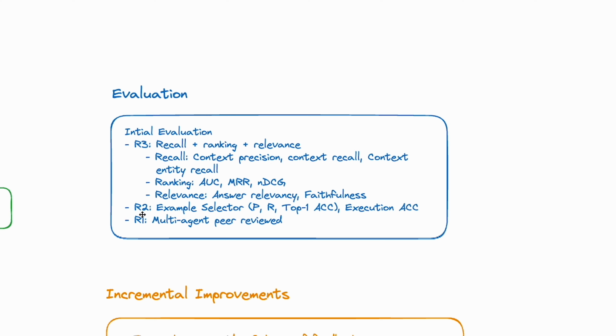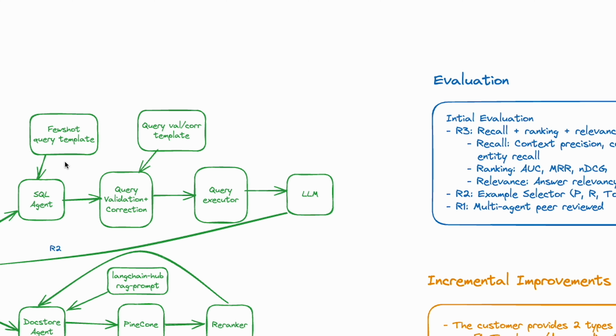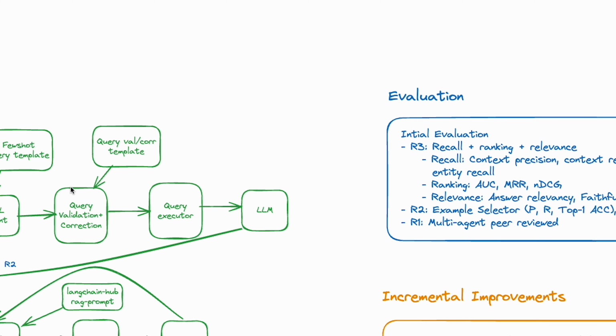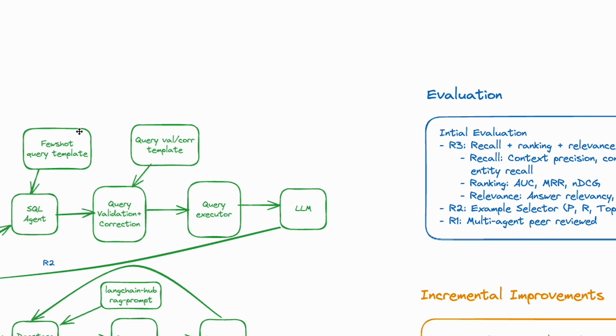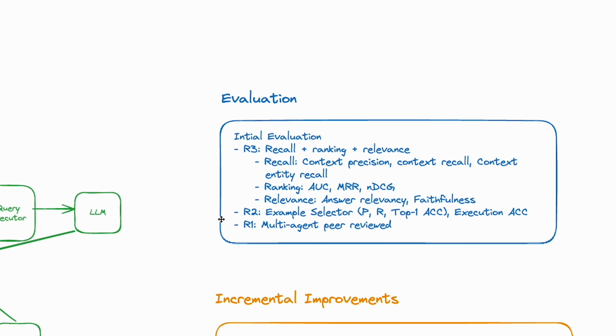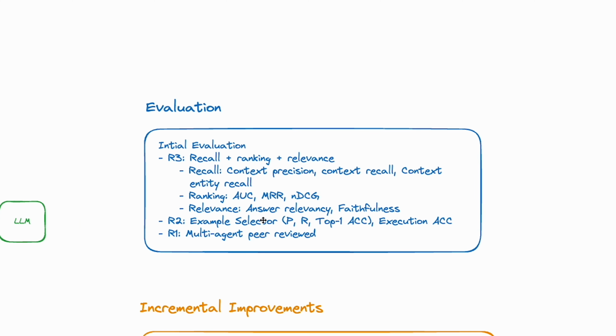Moving on to R2, we can calculate the metrics related to the example selector. So here we have a few-shot query prompt. We will provide some few-shot examples to this SQL agent to generate the query. But to generate the query, it will select some examples which are most relevant to our given prompt. So we need to evaluate which examples are being selected.